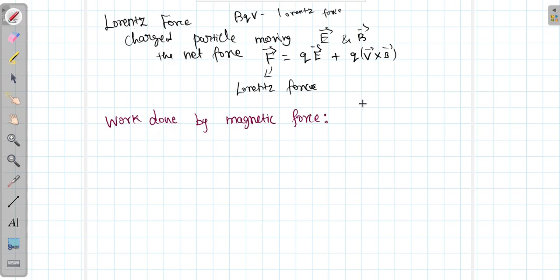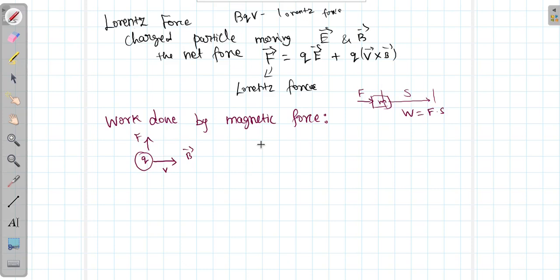An object of mass m acted on by a force produces some displacement s, so work done is F into S. But here a charged particle is moving in a magnetic field and experiences a force in one particular direction.